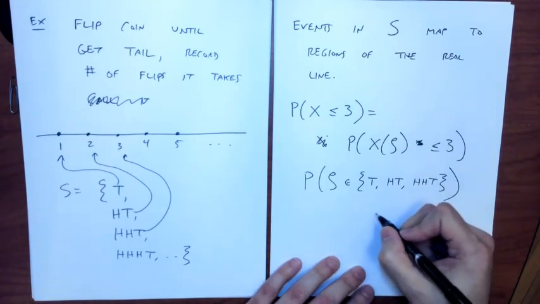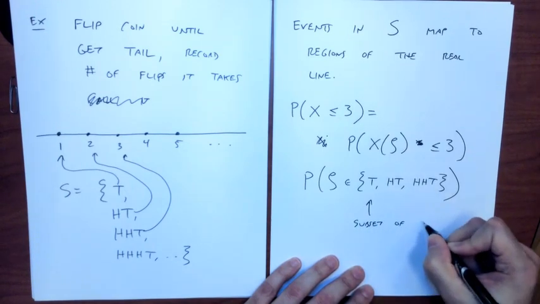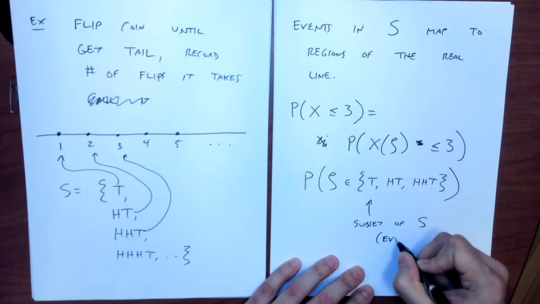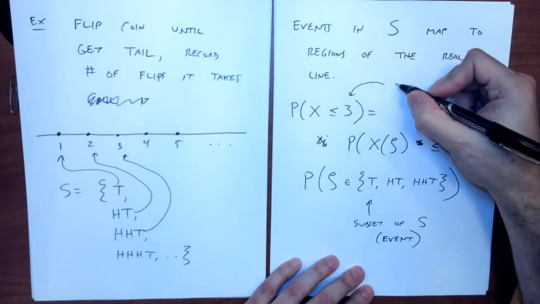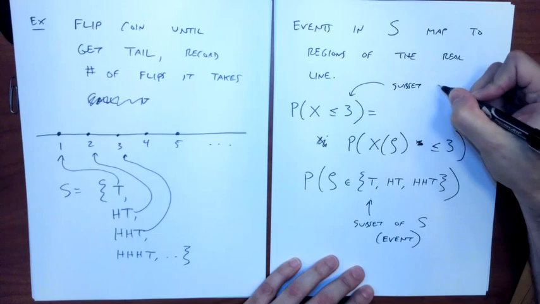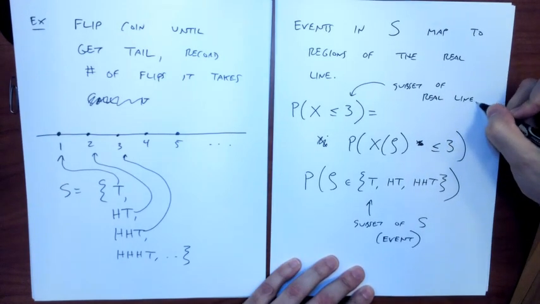Right? So this is a subset of S, which is what we've been calling an event. And this here is a subset of real numbers, a subset of the real line.